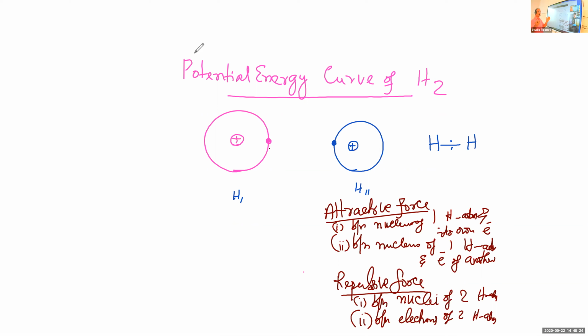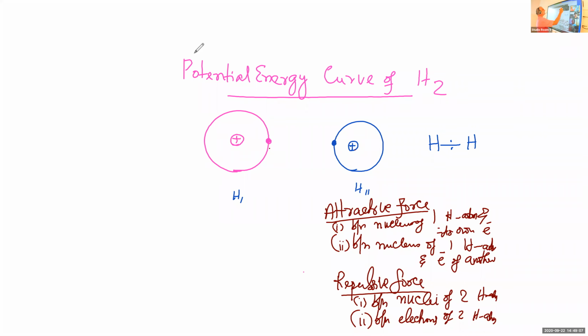And there should be an equilibrium position at which the attractive force balances the repulsive force. And at that condition, there is formation of the covalent bond between the two hydrogen atoms.